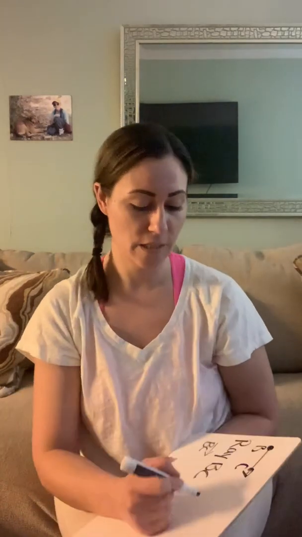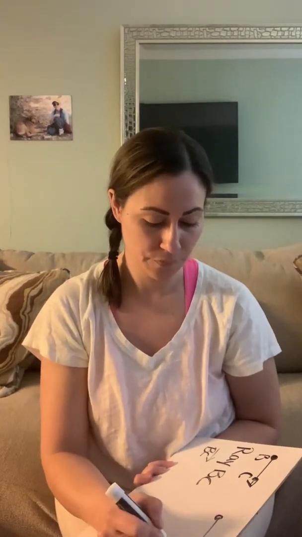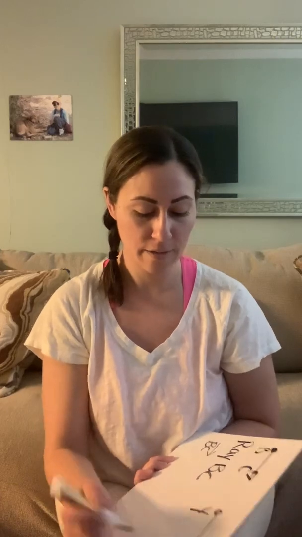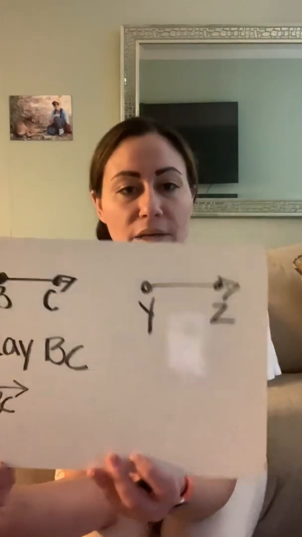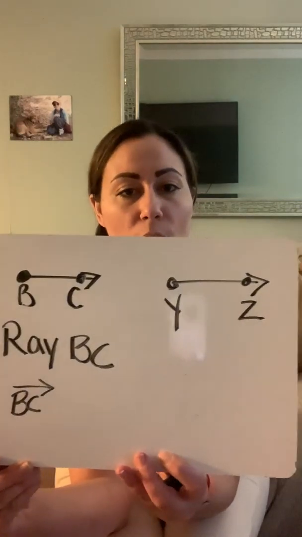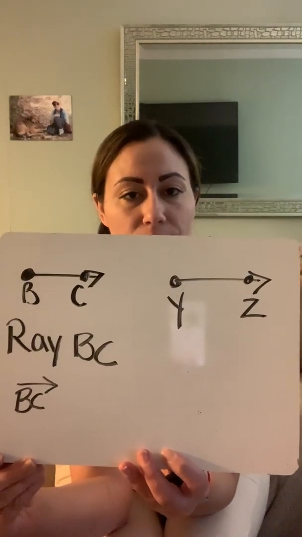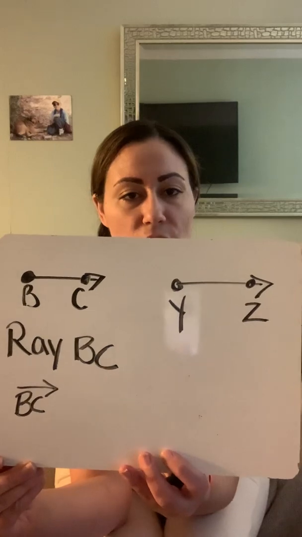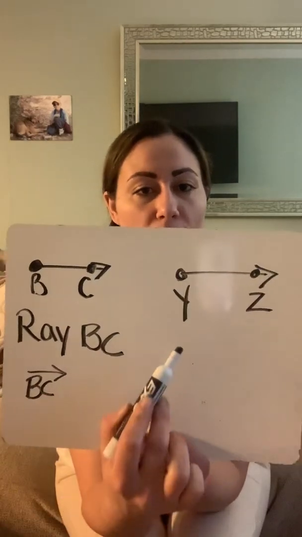Let's do another example. Here's my second ray, YZ. Which do I have to start with? Which point, Y or Z?